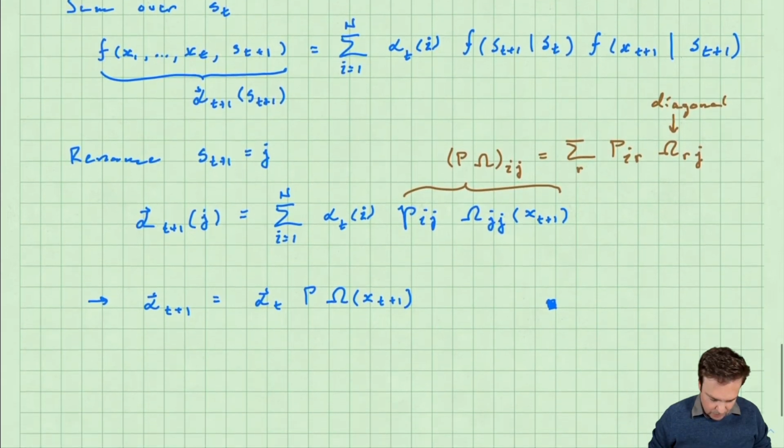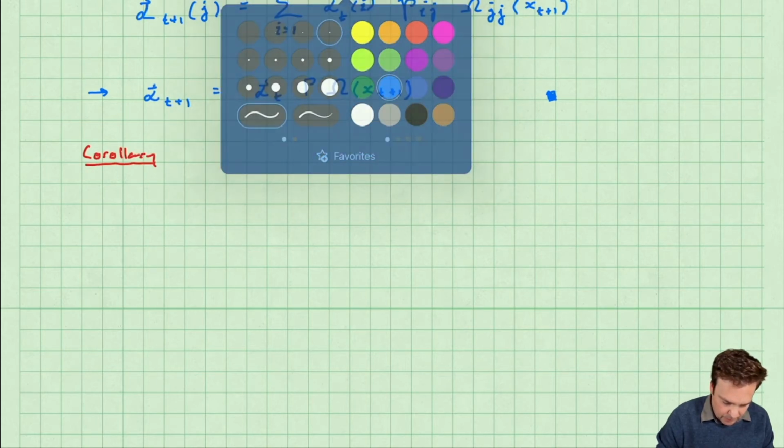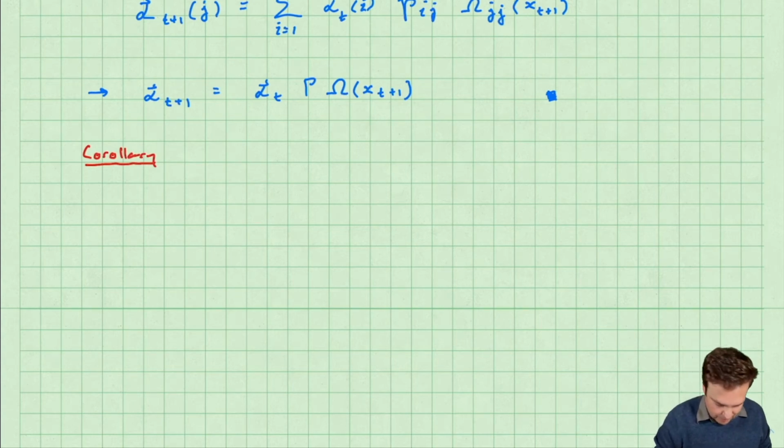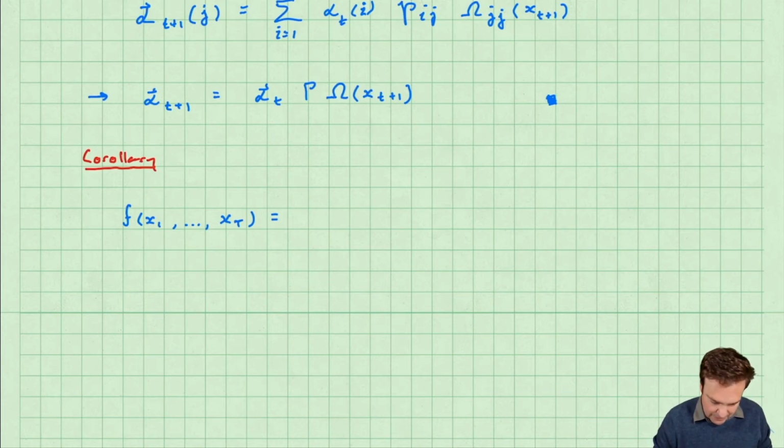All right, now as a corollary, we get to the thing that we were actually trying to use this for. So we increment, we ratchet up the time unit. Here's the statement of the corollary, and we'll just show it. F of x1 up to xt can be written by repeatedly applying the rule above, and you get u1, and then a bunch of products of matrices.